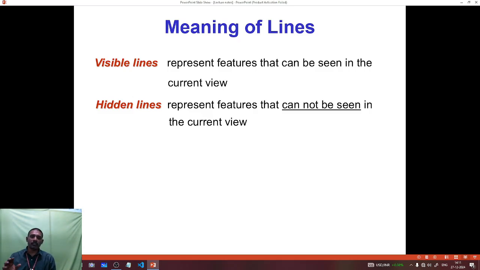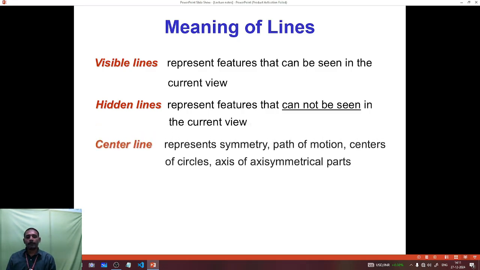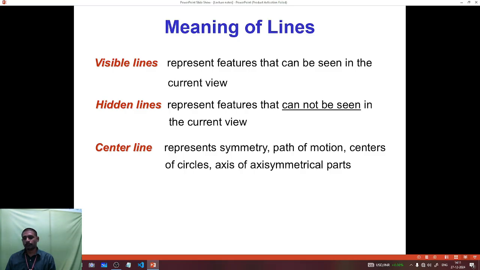So the visible line is what we are able to see, but the hidden line is what we can't see. The next one is the center line, which represents symmetry, path of motion, center of the circle, and axis of symmetrical parts.